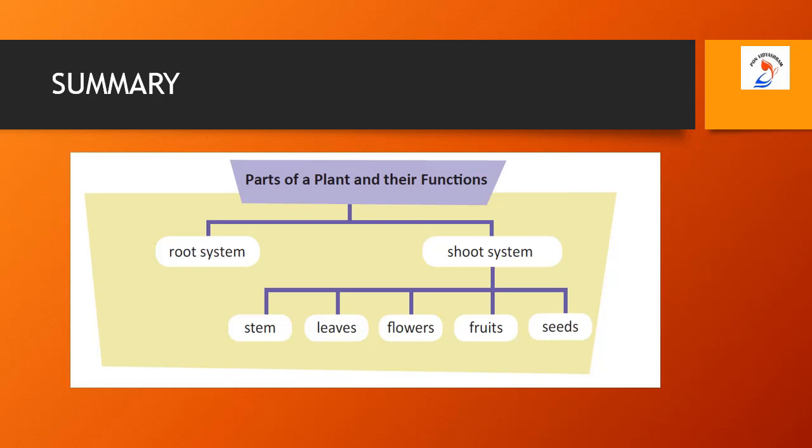Then we learned the shoot system. What does the shoot system consist of? Stem, leaves, flowers, fruits and seeds. And now we have learned each and everything, their function, their structure. Yes, children? Okay. So now we have completed the full lesson, parts of a plant and their functions.